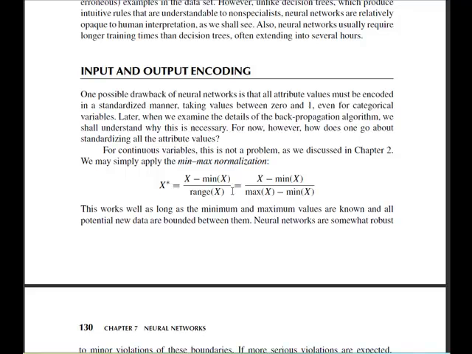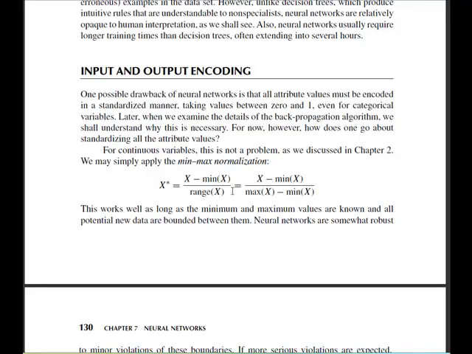You don't want to do that with a neural network, so you have to scale everything, taking values between 0 and 1. Really, you want everything to be between 0 and 1. Now some tools, like Weka, you don't really have to do that because it does it for you, but if it didn't do it for you, you'd have to do it yourself.